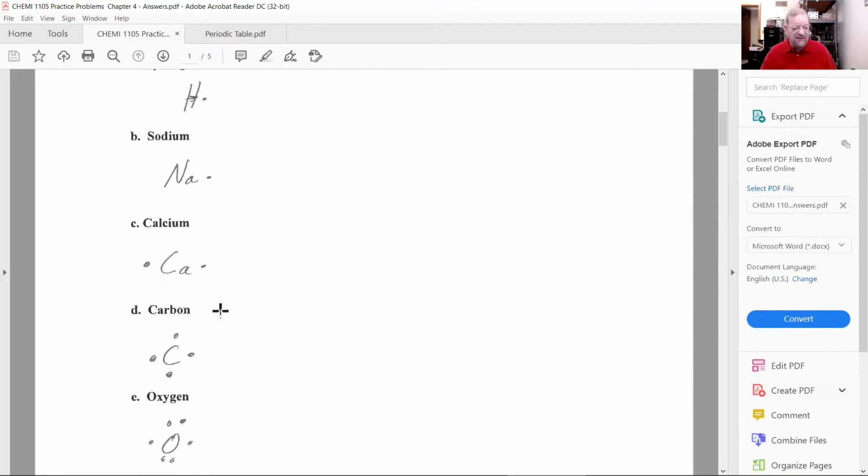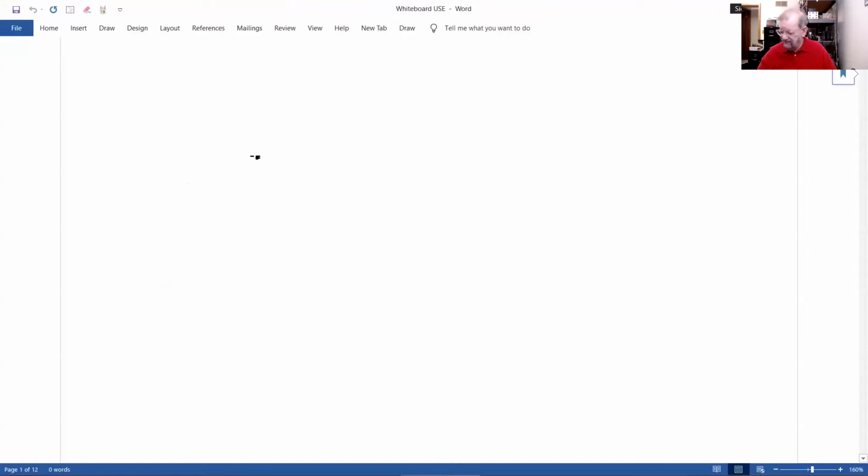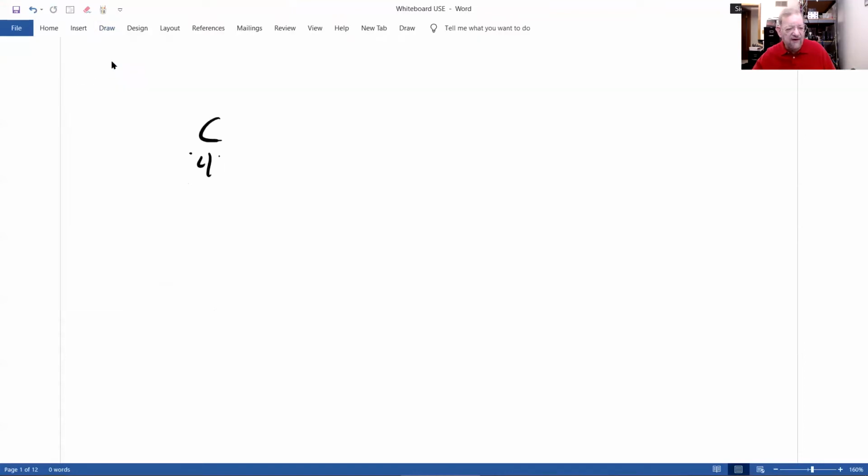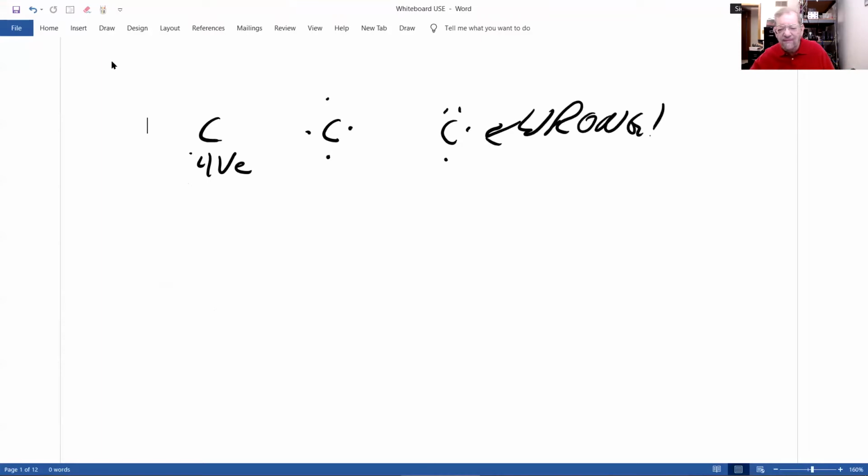Now, carbon has 4 valence electrons. Watch closely. Carbon, 4 valence electrons. The Lewis structure is this. Why is this one wrong?